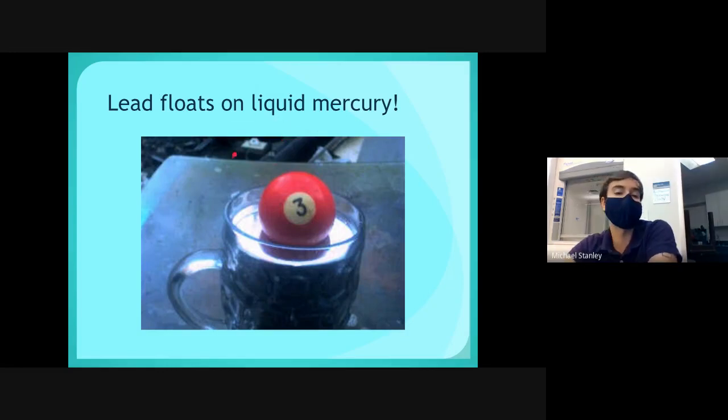So if you took a piece of gold or a gold bar and dropped it into this cup, it would sink down to the bottom because gold has a higher density than mercury. So the state of the object doesn't matter as much as its density when it comes to if it'll sink or float when combined with another object.